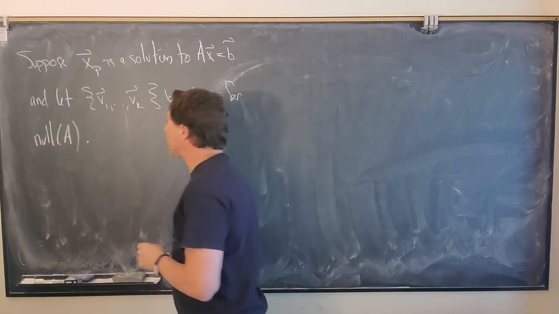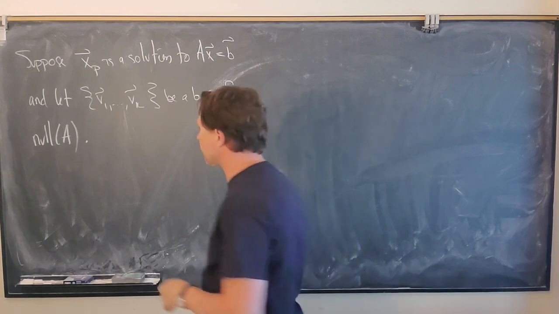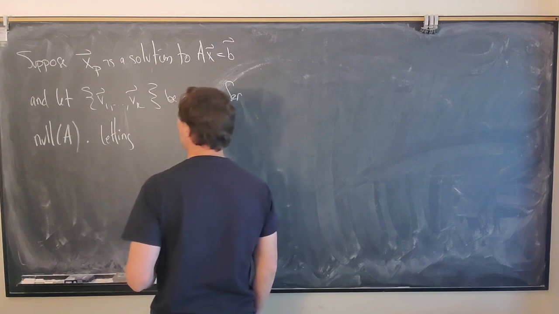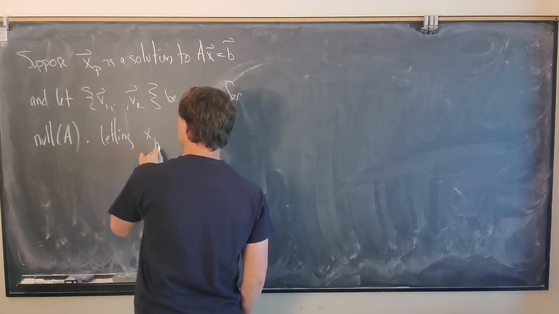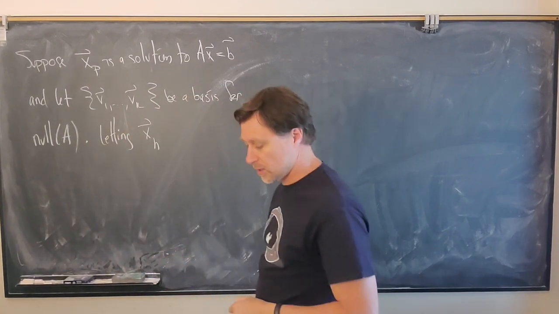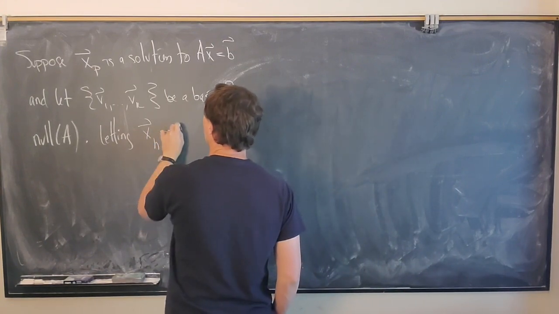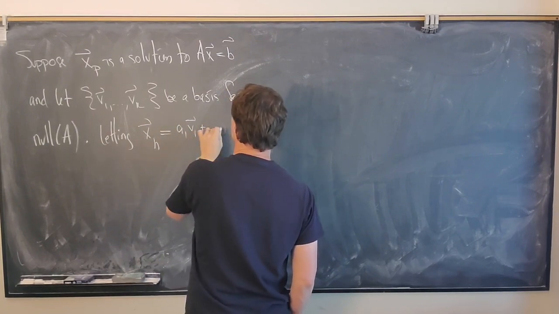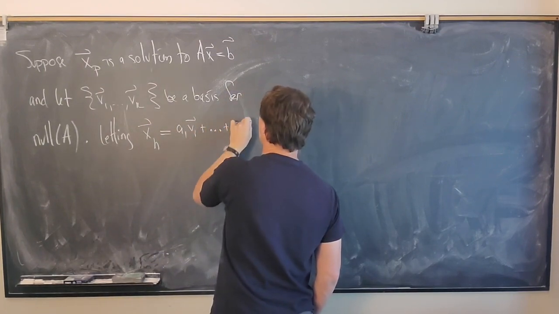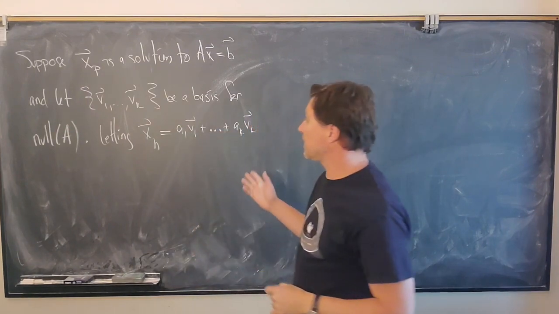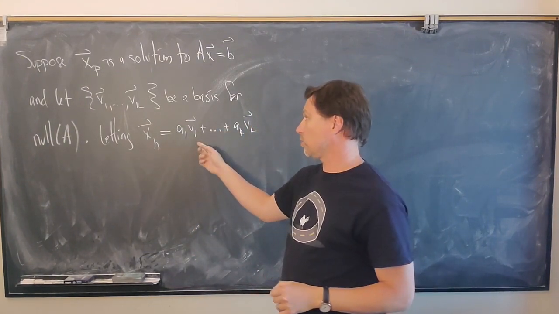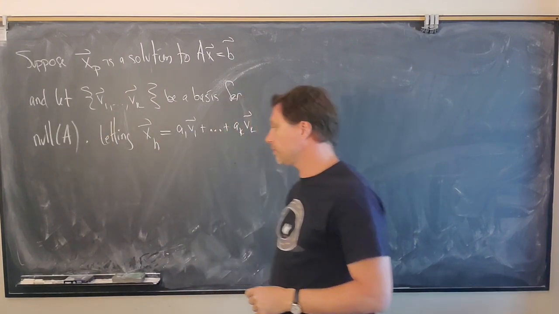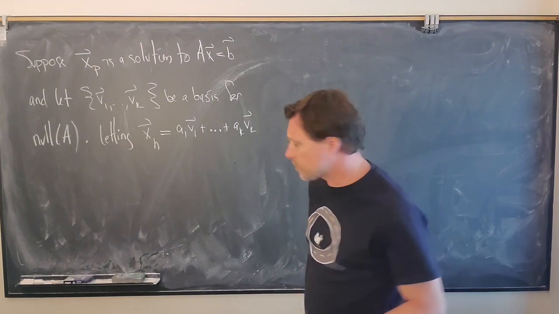Okay, so if I choose anything in the null space of A, let's say letting X sub H, H for homogeneous, equal A1 V1 plus dot dot dot plus A sub K V sub K. So this is a solution to the homogeneous system, right? Because it's a linear combination of a basis for the null space of A.